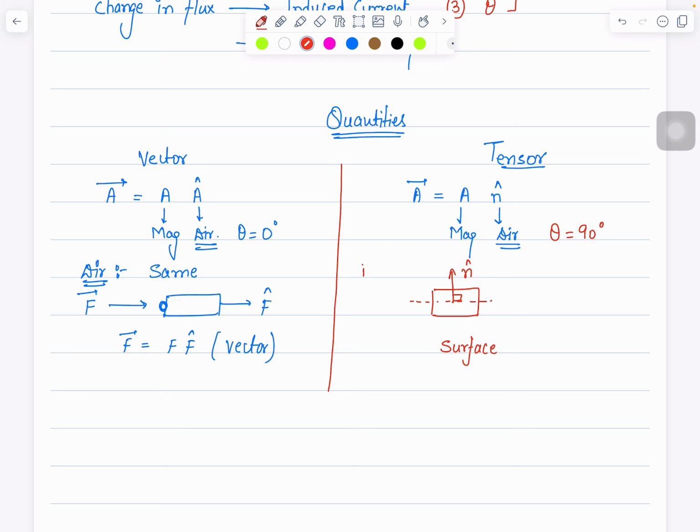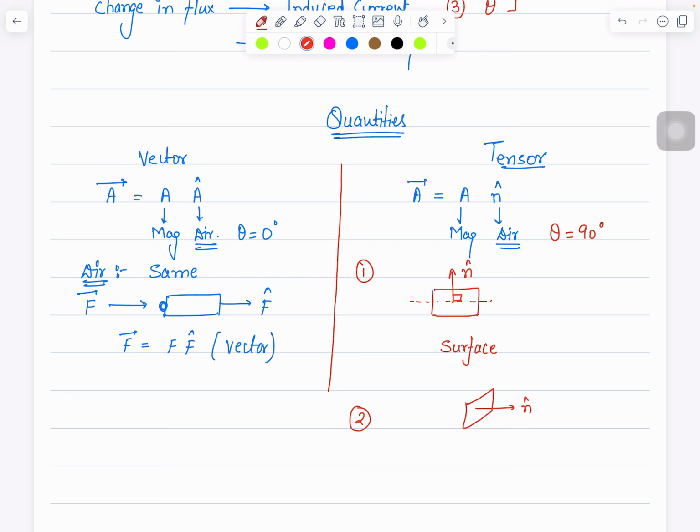Similarly, this is case 1. Let's say case 2. If I make a surface like this, you can just understand with your hand. So where is the direction? Like this. This is your n cap, which makes an angle of 90 degree with the surface.